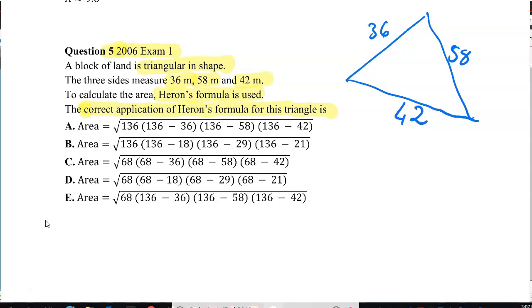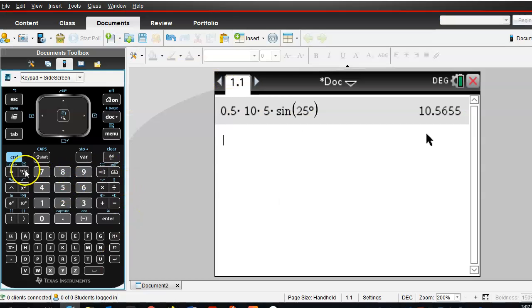All right, so our first step is to figure out our s, because that will eliminate a lot of possibilities, won't it? So s is all our sides added up, 36 plus 58 plus 42 divided by 2, control enter, 68.